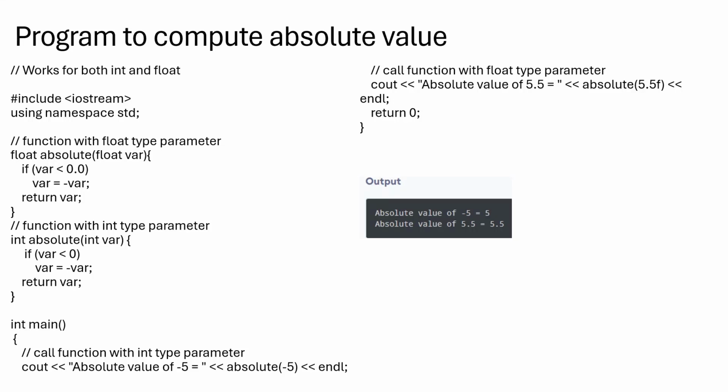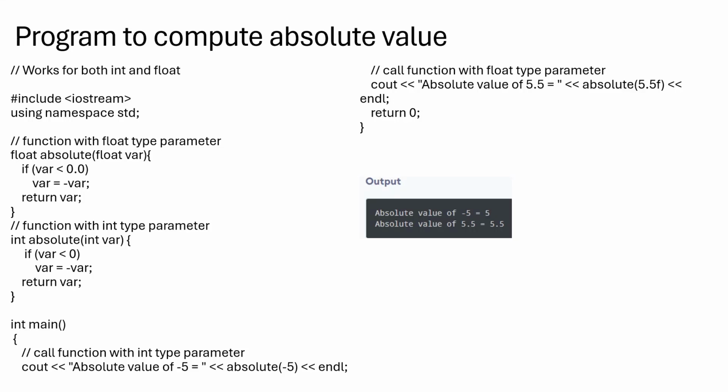So we check the condition and write the var variable. This is for float, and next we use the same function name, absolute, for integer. The condition is everything the same; only the data type is different. Float is used first, then integer.